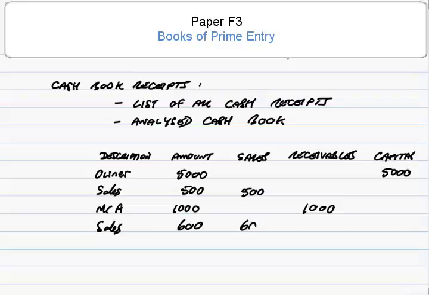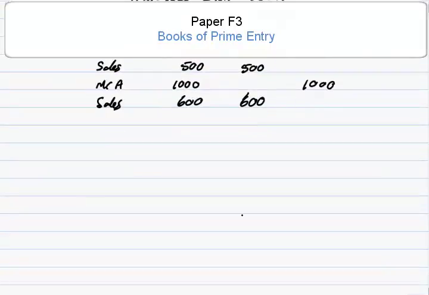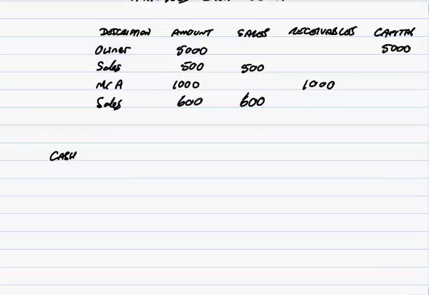The sales column, and so on. So it is simply a list. Every single receipt would be entered. We'll analyse it so we don't forget what the receipt was for. But at that stage, we've done no debit and no credit. It's simply a list. In a similar way, there'll be another book, Cash Book Payments.